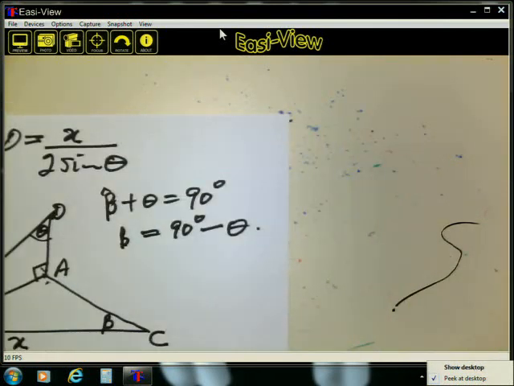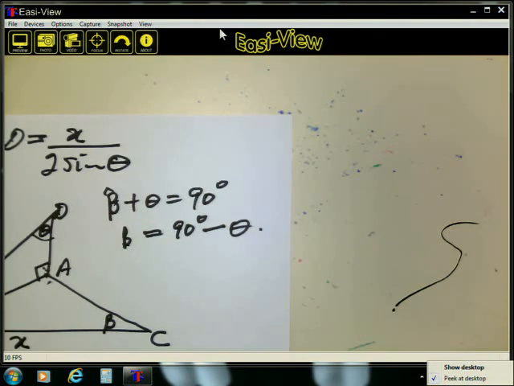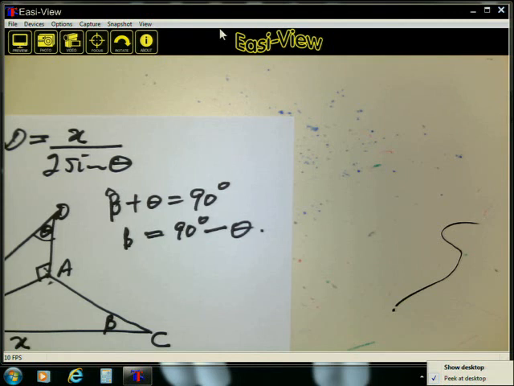So it is the sine of 90 minus theta over AD is equal to the sine of theta, which is this one, over AB, which is this one.